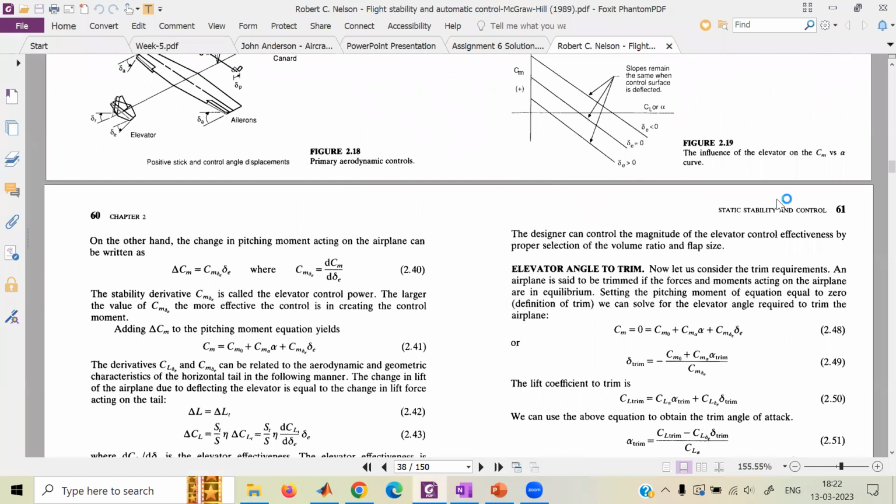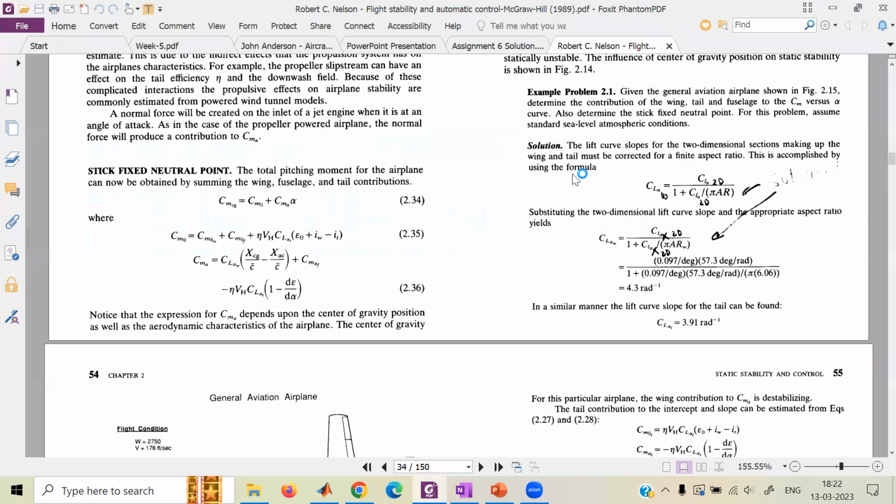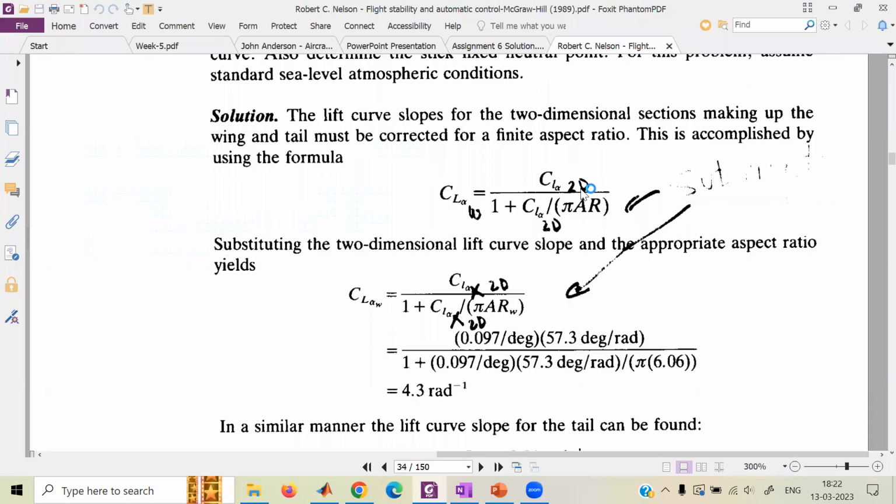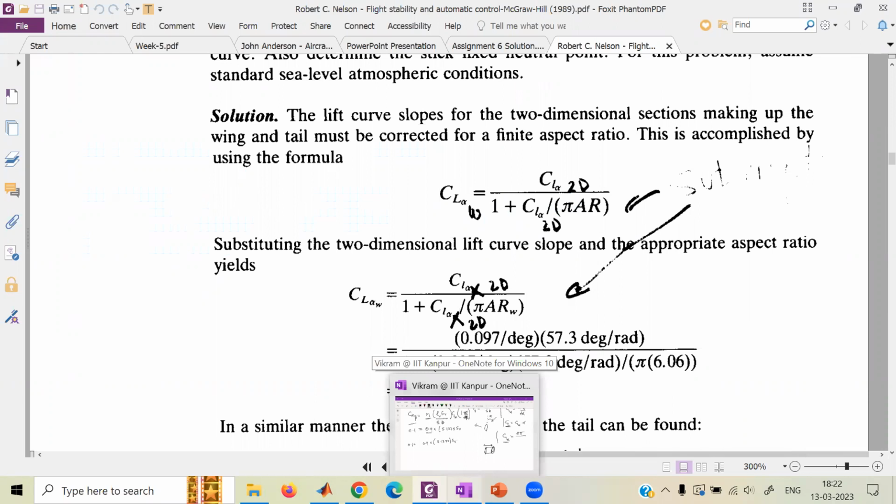So here, this is the CL alpha for a theoretical airfoil. It's 2D. Now, how should it be modified for being 3D? So we have CL alpha over pi times aspect ratio. We'll take this formula and modify the theoretical 2 pi into some reasonable values.